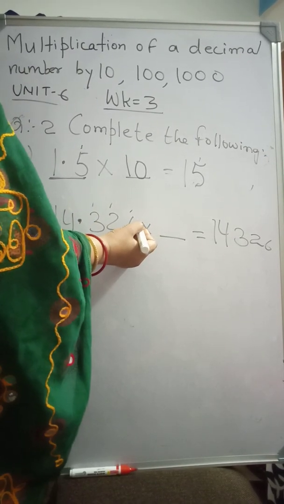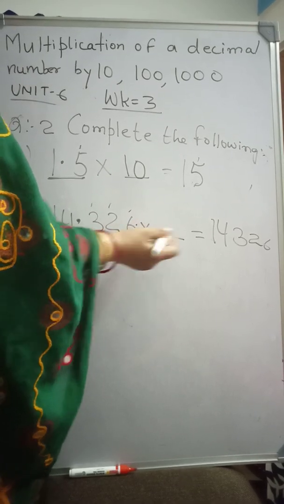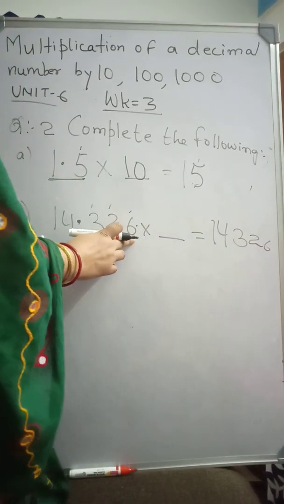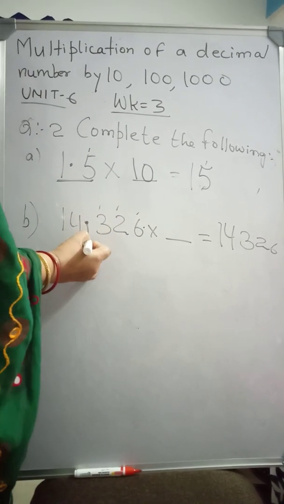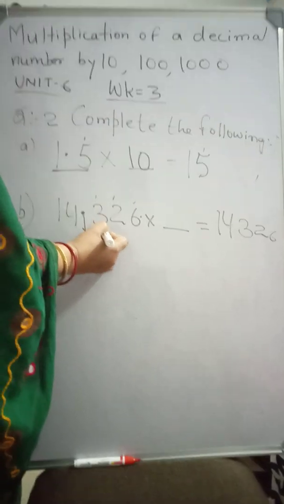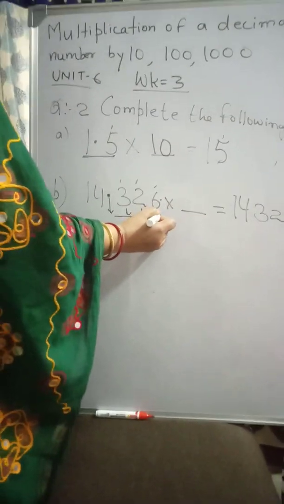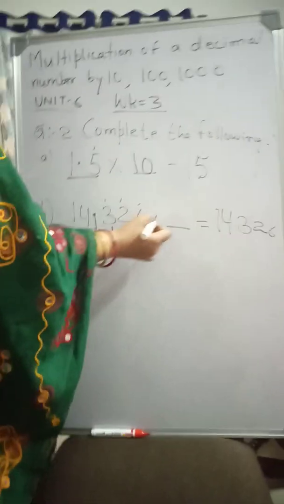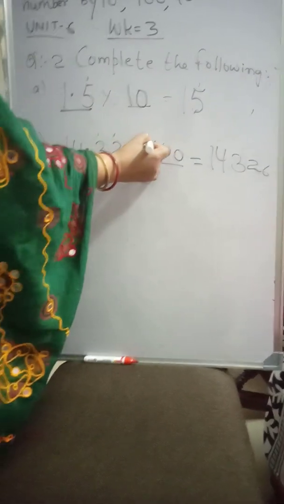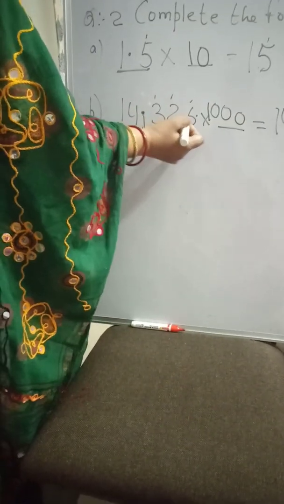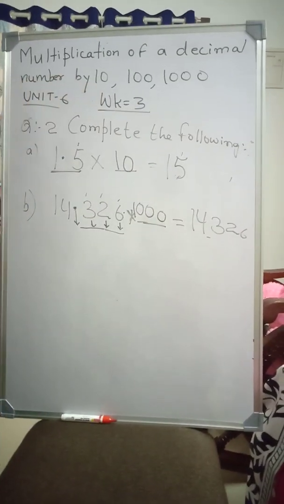Because when decimal is not appearing in the product, it means decimal is after the last digit to the right side. So this decimal will shift to the right side after counting the 3 decimal places. So how many zeros will it have in the multiplier? 1, 2 and 3. And since the digits 14326 in the product are also 14326, the multiplier is 1000.